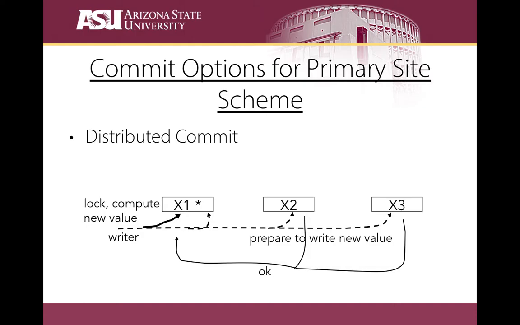So you locked, you wrote at the primary site, and then after you wrote, you did a commit, but instead of doing the local commit and then propagating the values, you actually propagated the values and received an OK from the other side, and then committed.